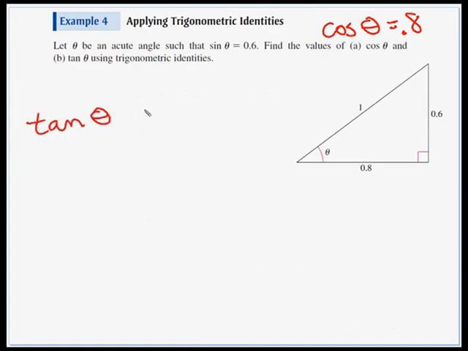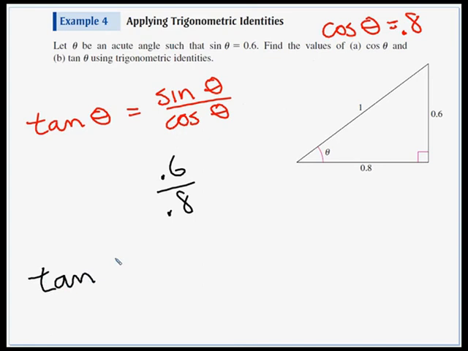So the tan of theta is equal to sine over cos of the same angle. Well, sine theta was given, 0.6. Cos theta we found in part A, that was 0.8. And if you punch that into your calculator, we'll find that the tan of angle theta is equal to 0.75.